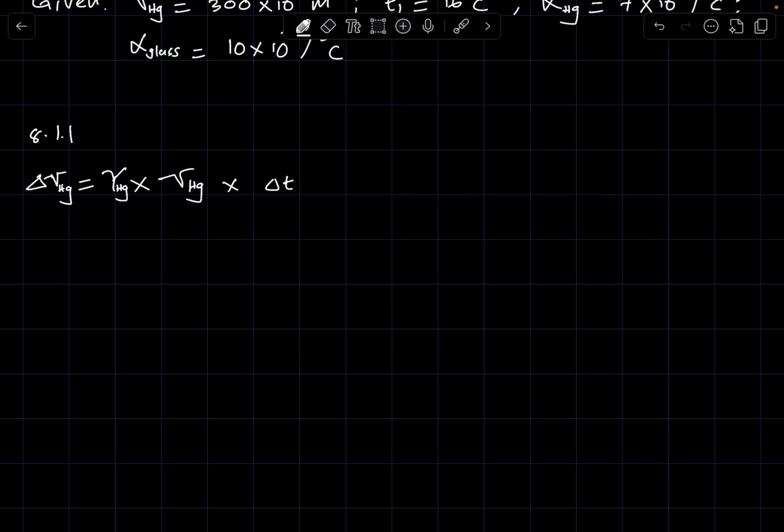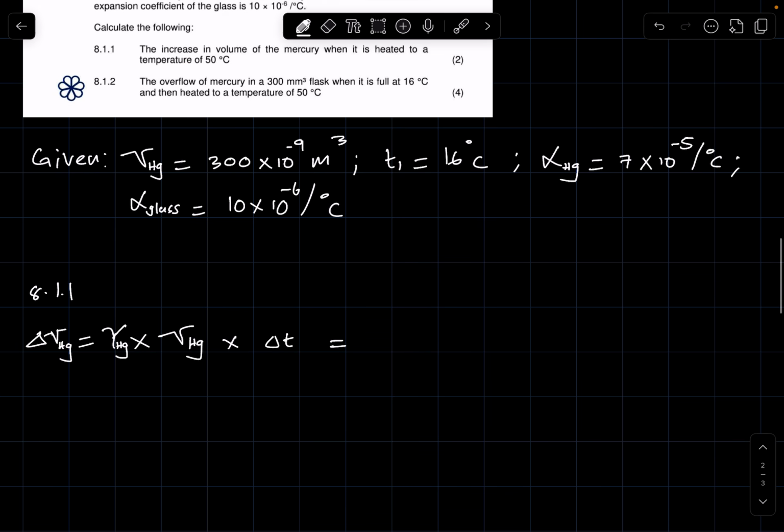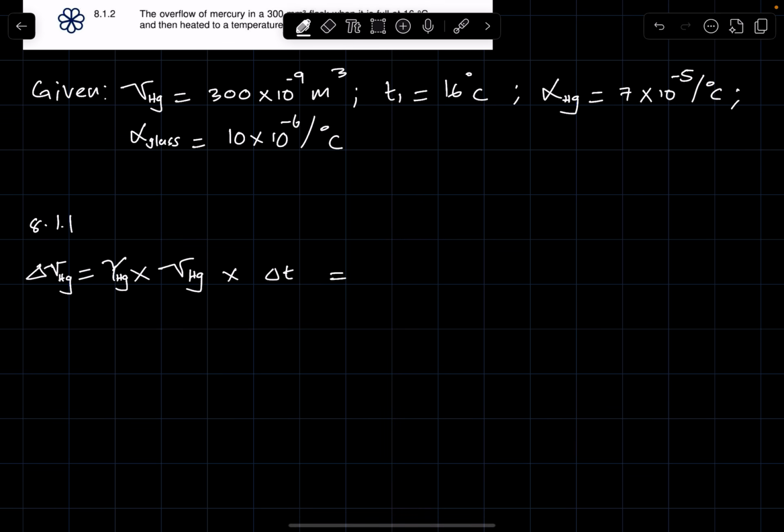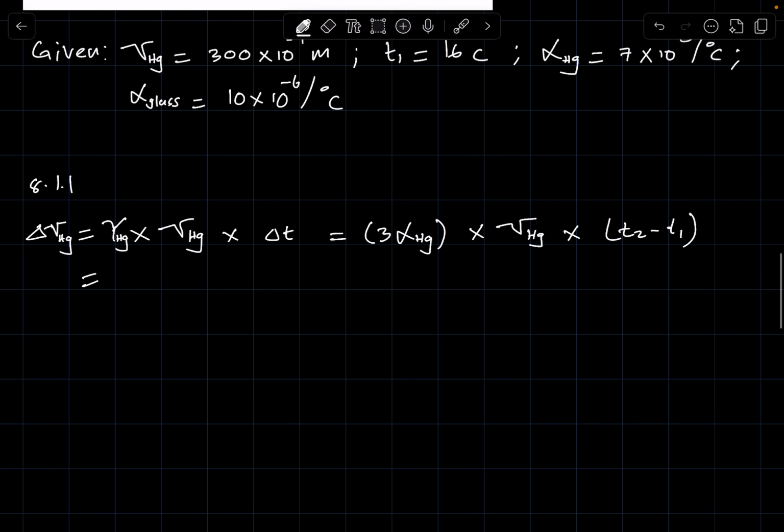Now remember that here we are given the linear coefficient of expansion, and gamma is equal to 3 times that linear coefficient. So essentially you replace this with that, times the original volume of the mercury, times T2 minus T1.